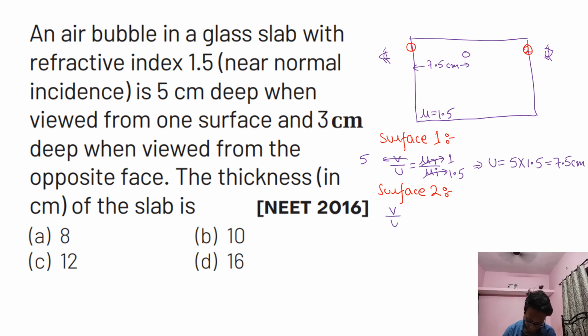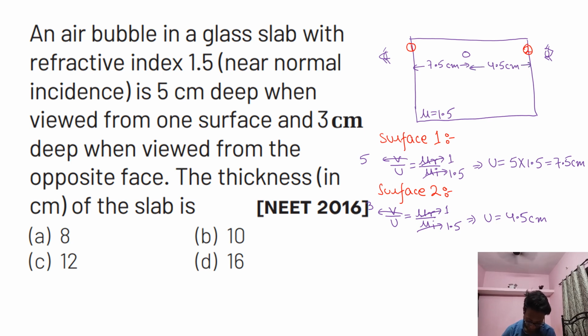V by U is equal to mu R by mu I, where mu R is equal to 1, mu I is equal to 1.5, V out here is equal to 3, and U is 1.5 into 3, which is nothing but 4.5 centimeter. So the actual U out here is 4.5 centimeter from the surface.